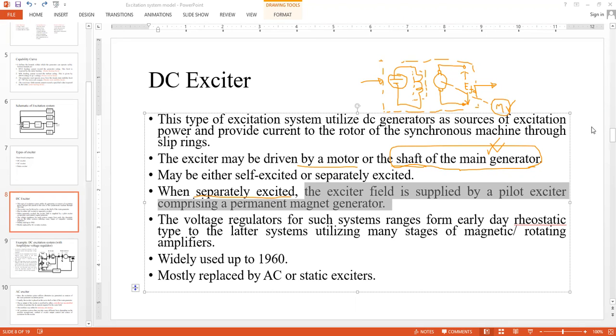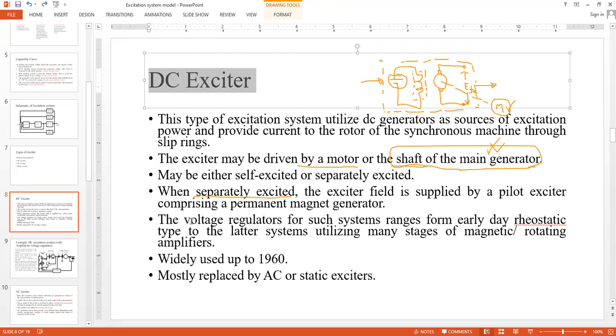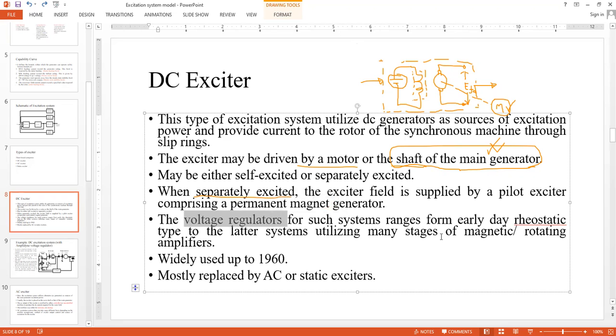Now, in case of the DC exciter, whatever voltage regulators are used, there could be different types. In earlier days, the model that they used was the rheostatic type, a variable rheostat or potentiometer type. And the later ones used different stages of magnetic amplifiers or rotating amplifiers.